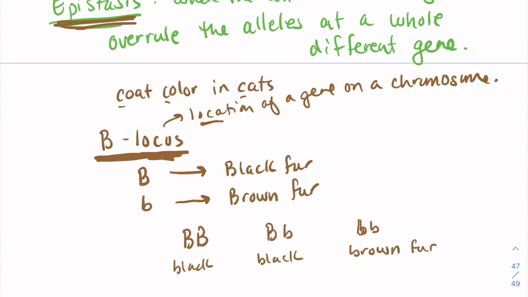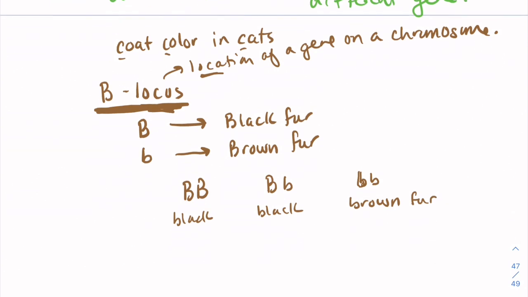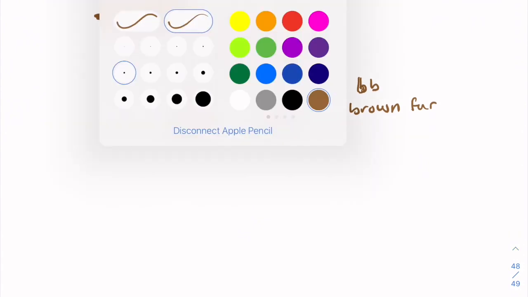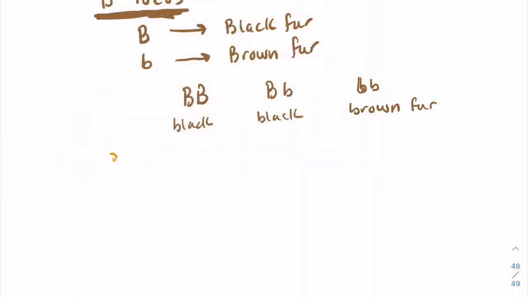So fine, that's great. There is another gene locus in cats called, let's use a different color, the C locus. And the dominant allele, capital C there, allows a cat to have its normal coloring.